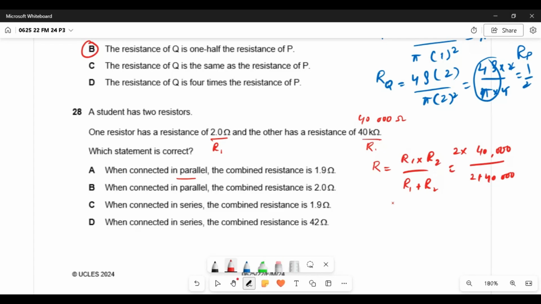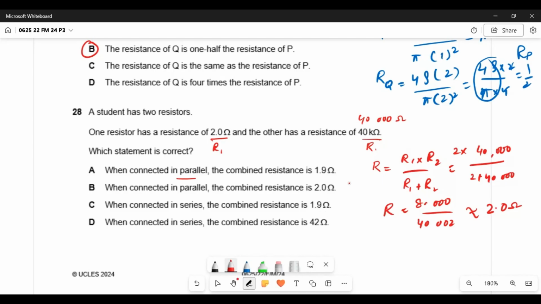So R is 80,000 over 40,000 and 2, that is approximately 2.0 ohm.